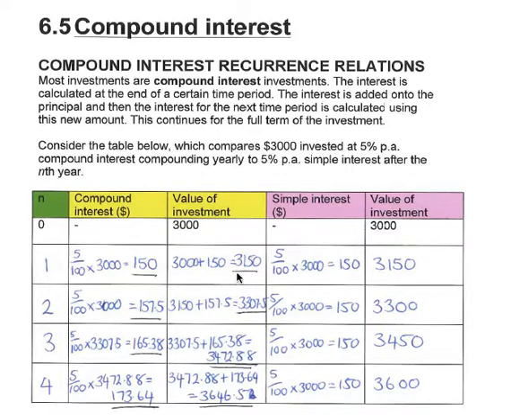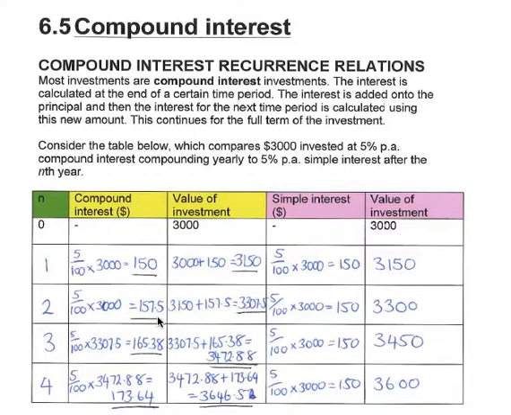Then we use the $3,150 and add upon that. This should actually say 5 over 100, so 5% times 3,150, which gives you 157.5.